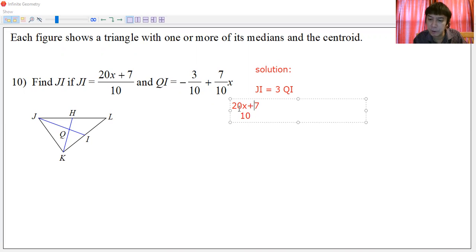And we have here the other part. Let me just type it first. 3 times QI, that means the entire parenthesis, and we have negative 3 over 10 plus 7 over 10 x. The 10 should be over here.